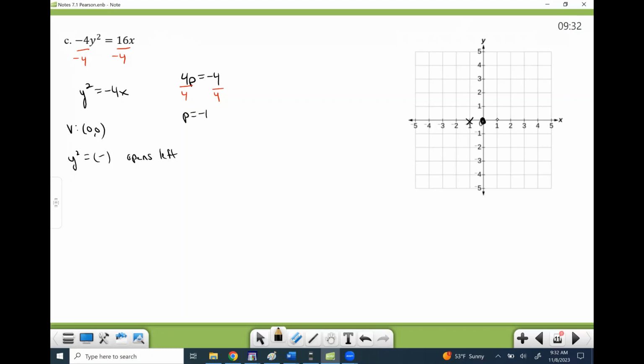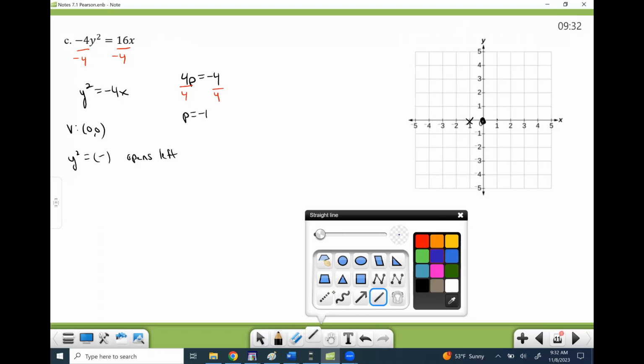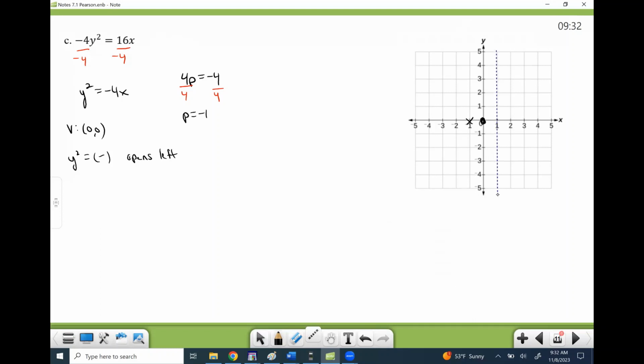And over here at 1 would be where the directrix is. So it looks like we have x equals 1 for the directrix. And then we have negative 1, 0 for the focus, right? Let's do it the formula way. Okay, since it's y being squared, it's all about the x.